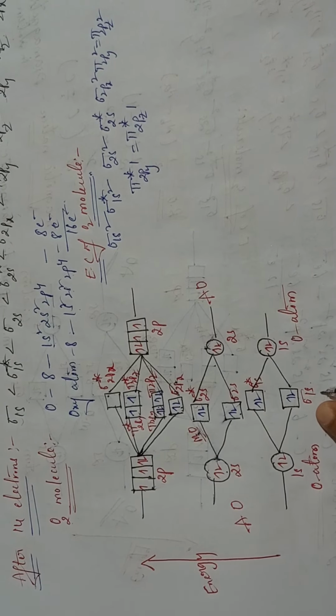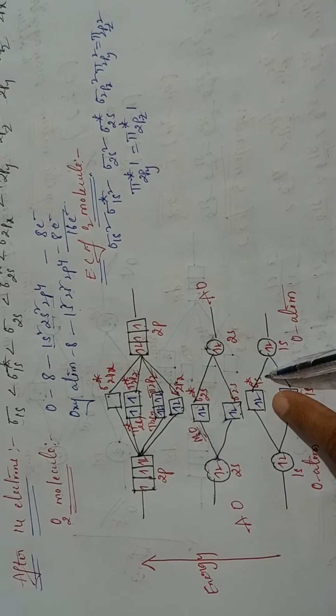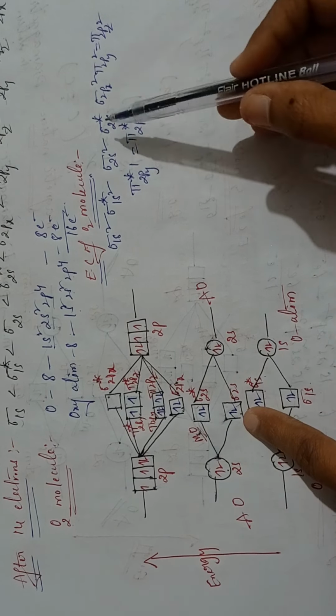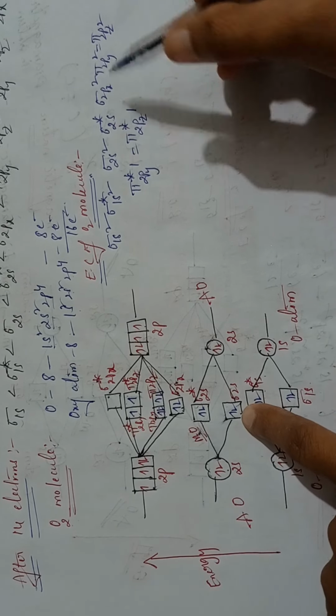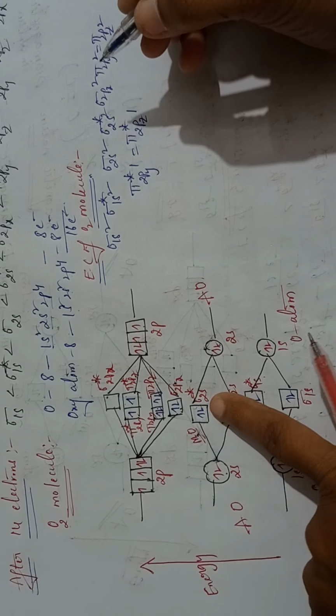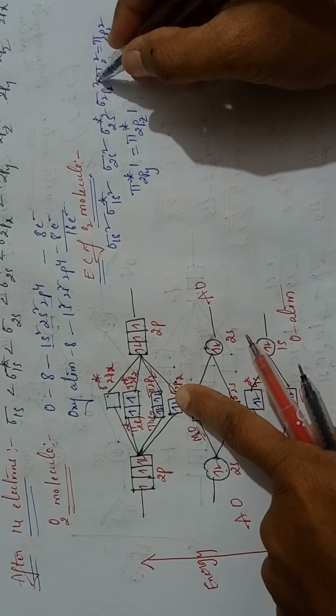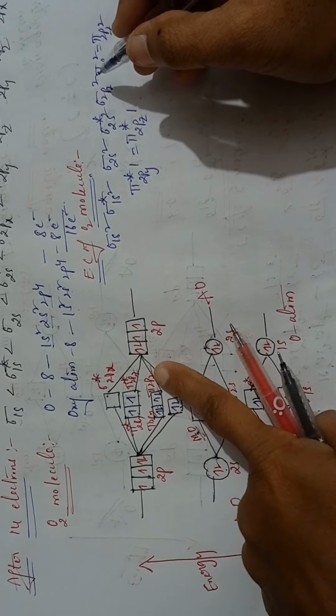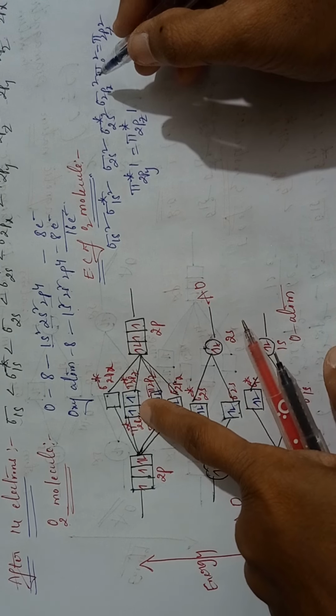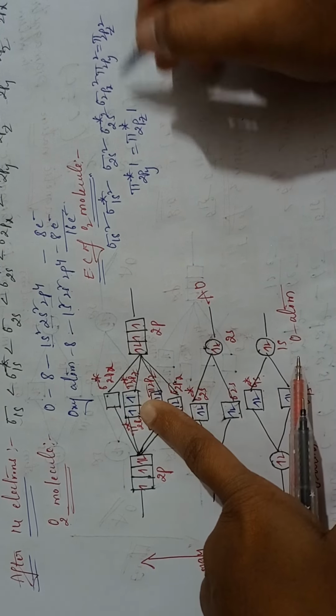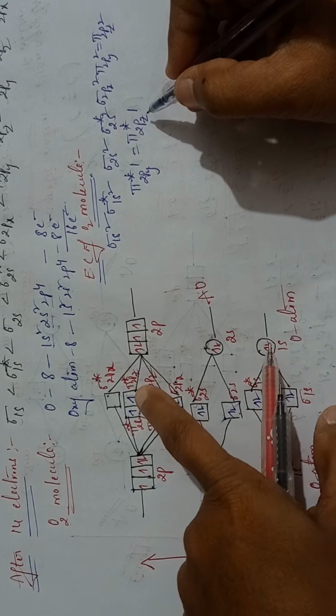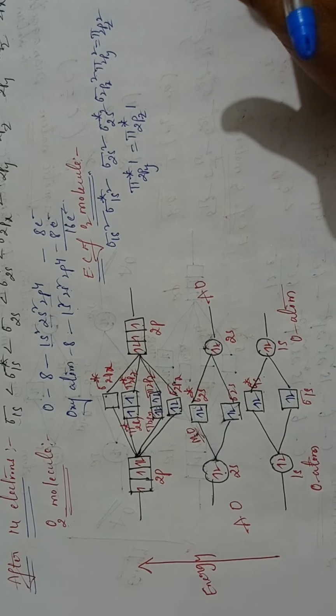Understood how to write the electronic configuration? Sigma 1s 2, sigma star 1s 2, sigma 2s 2, sigma star 2s 2, sigma 2px 2, pi 2py 2, pi 2pz 2, pi star 2py 1, pi star 2pz 1. So this is the electronic configuration.